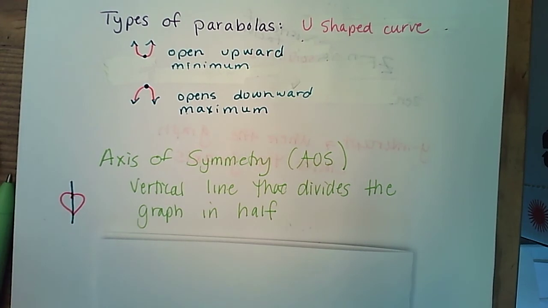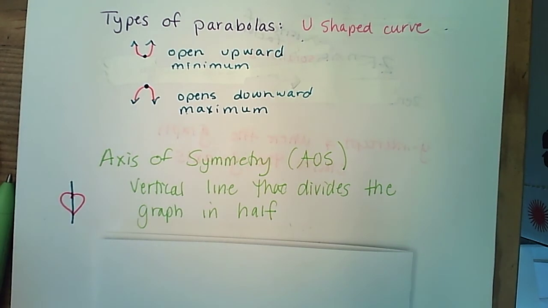The axis of symmetry is a line of reflection in this parabola that, if I folded my parabola over, it would match perfectly. It's a vertical line, and it divides the graph completely in half. Kind of like if we drew an axis of symmetry through the center of your body from top to bottom, your arms match and fold over. Your eyes match. They would just fold over and land on top of each other. You are a very symmetrical being.